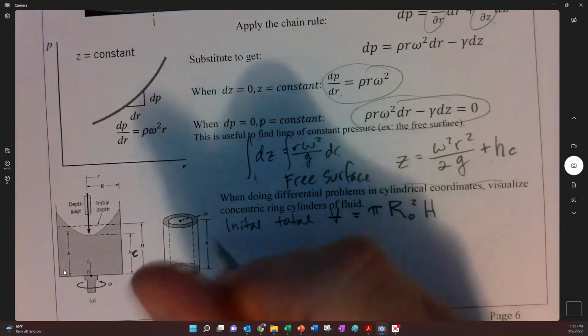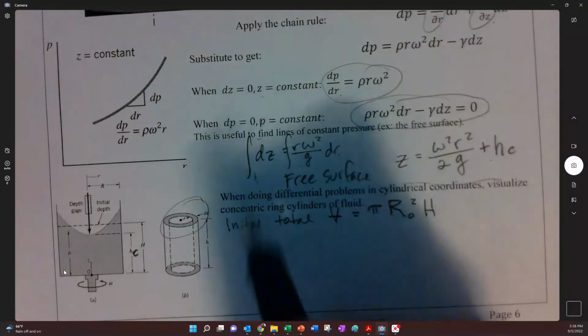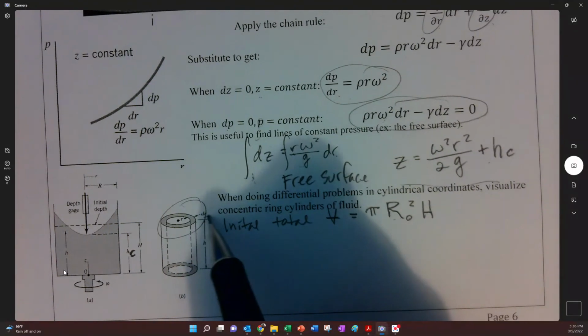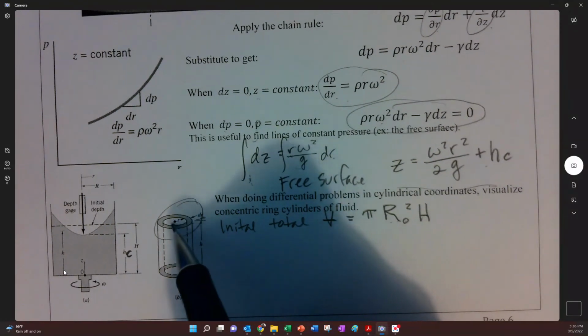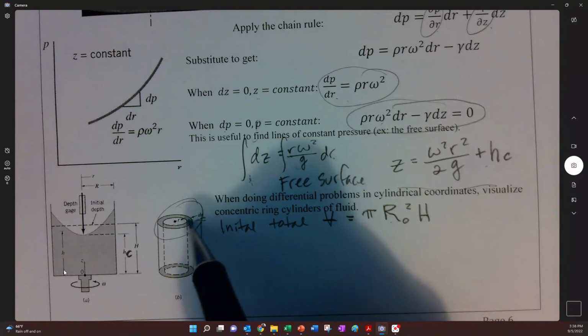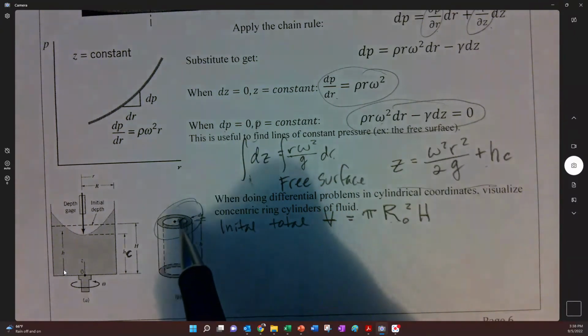But an incremental volume that we would find from this, we'd have little tiny drs. We'll have the radius r where that ring is, and it could be the inside or the outside radius. It doesn't matter because it's such a small thing. You could talk about the average, it doesn't matter, just r.